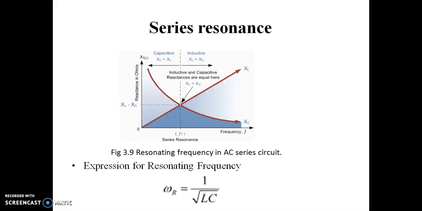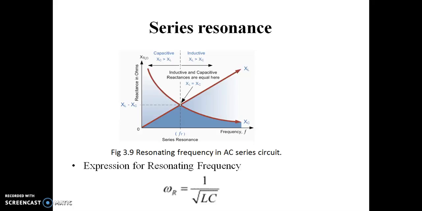From figure 3.9, we must discuss that resonance condition. Here XL gives the variation of inductive reactance with respect to frequency and XC gives the variation of capacitive reactance with respect to frequency.